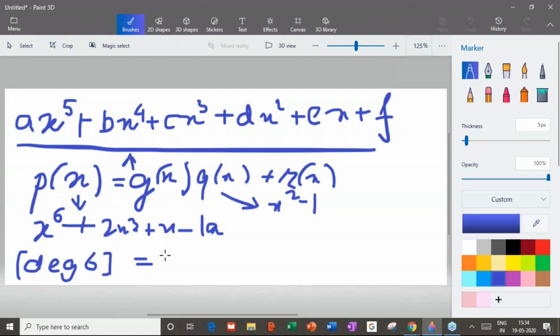So now G of X becomes degree 5, and Q of X is x square minus 1, that means the highest degree of x is 2, right?